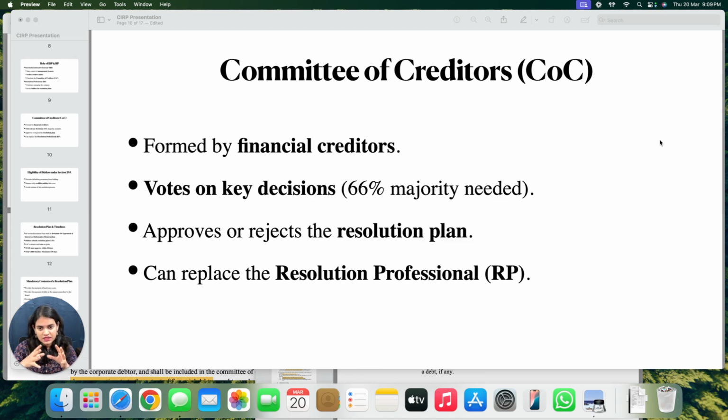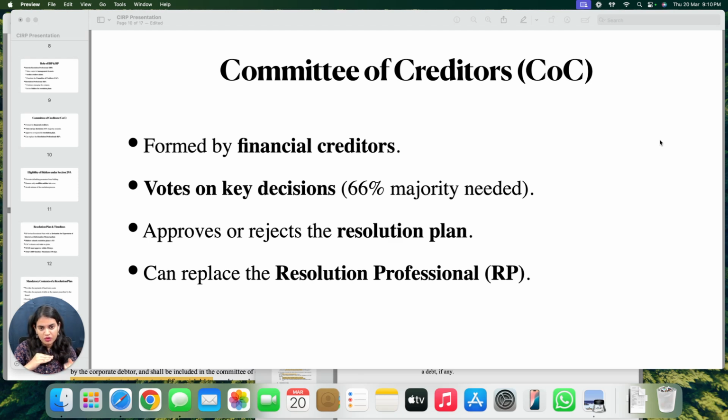So once these claims are collated and verified, the IRP then submits a report, a committee of creditors constitution report, to the adjudicating authority. And upon such filing of the constitution report, a COC is considered to be constituted.